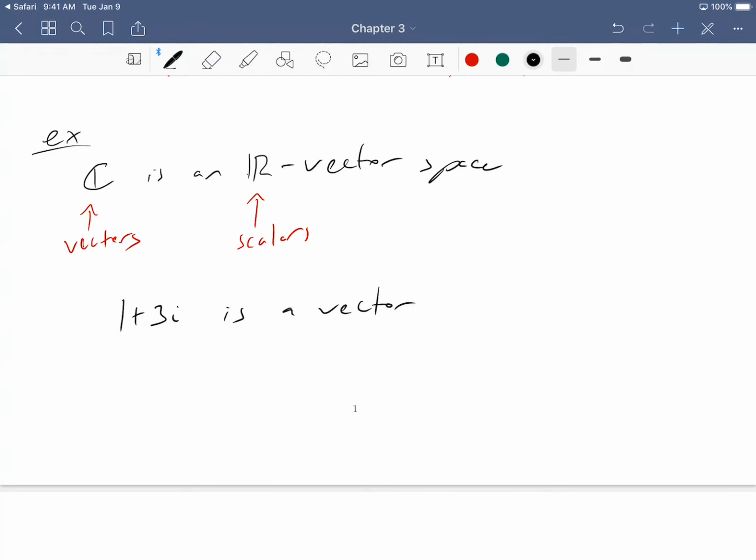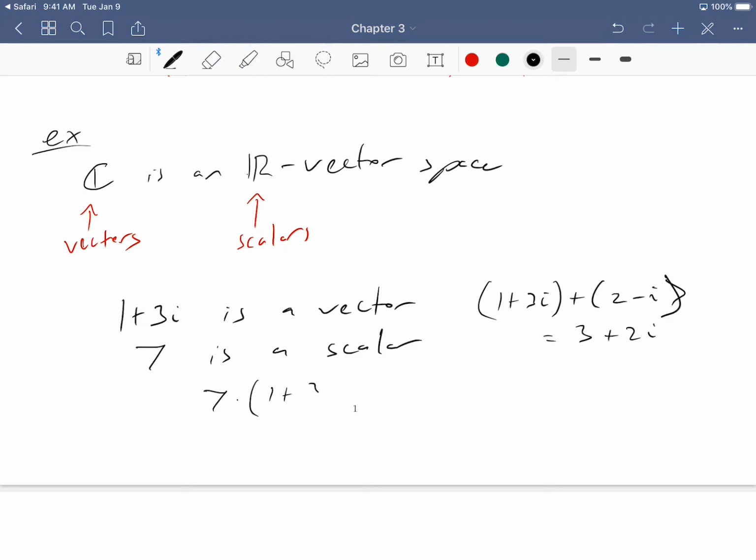Okay, and the scalars are real numbers, so something like 7 is a scalar. And I know how to multiply those. I know how to add vectors. I can add, for example, 1 plus 3i, the vector, plus the vector 2 minus i, and I would get 3 plus 2i. And then I can take that scalar 7, and I know how to multiply it by any vector I want. So I would get 7 plus 21i.